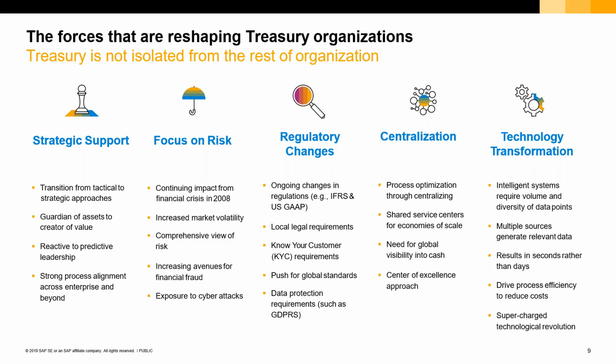Within SAP, the isolation of Treasury is no longer there. Treasury departments need to provide strategic support. They need to focus on the various risks that the company has. There are constant regulatory changes in various industries.